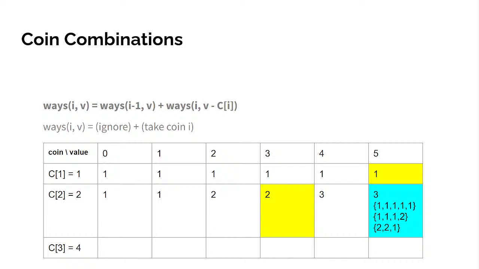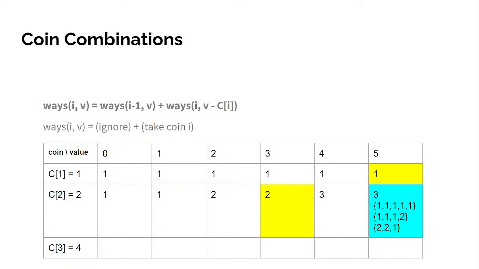Or you could take one of the new coins, which puts us back to the column with value 0, which is 2 columns to the left, because that's the difference in value of the coins.